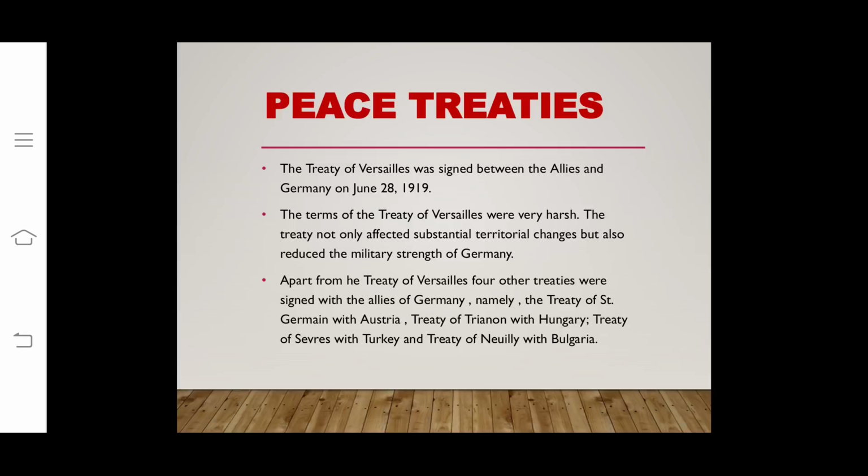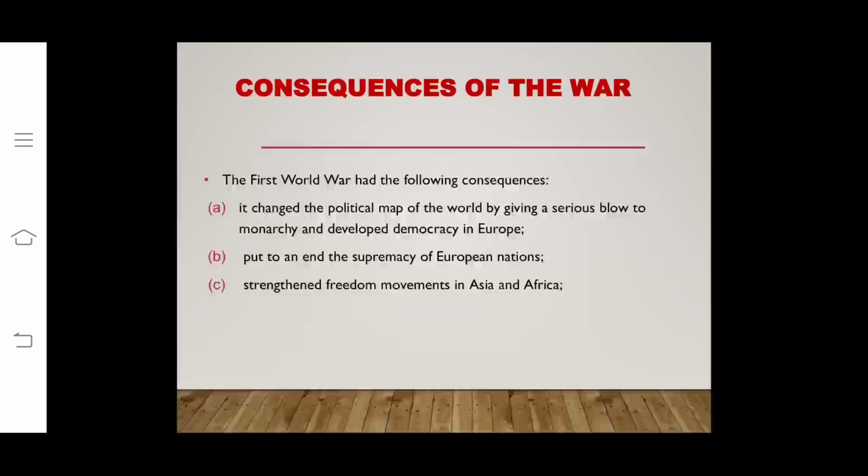Though the number of countries represented at the conference was 27, the terms of the peace treaties were really decided by Woodrow Wilson, President of the United States, Lloyd George, Prime Minister of Britain, and Georges Clemenceau, Prime Minister of France. The defeated countries were not represented at the conference. The victorious powers also excluded Russia from this conference.